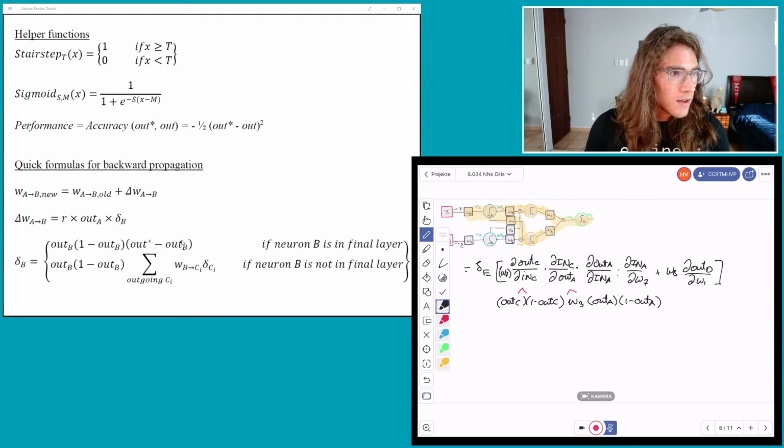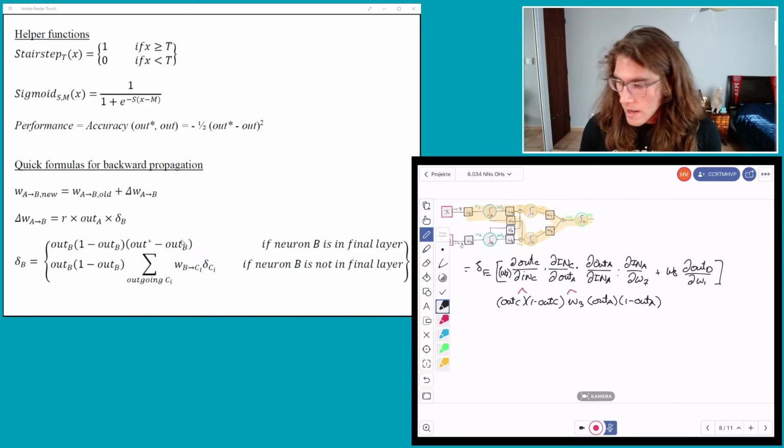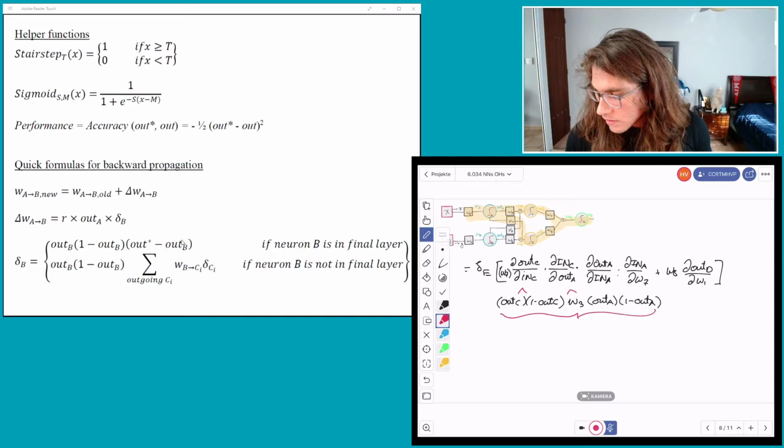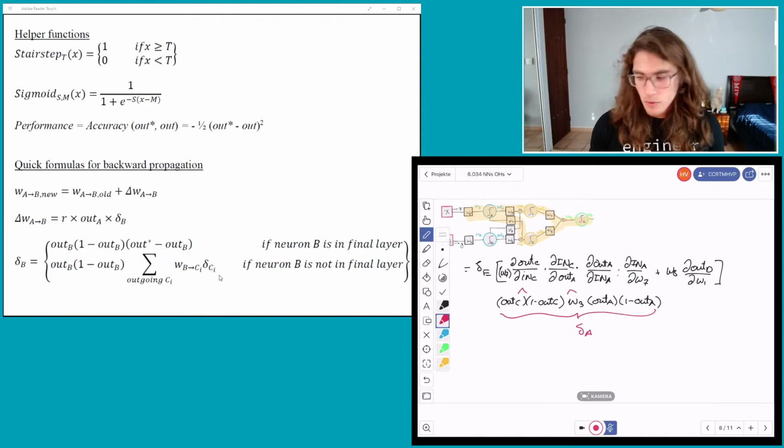And then delta of the neuron that goes next, which is delta C, out C, 1 minus out C, and everything that comes after. So far, this is more or less delta A. Well, I say more or less, this is delta A in the sense expressed in these equations. So we are correct so far.